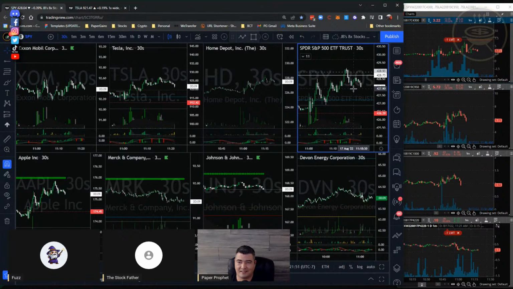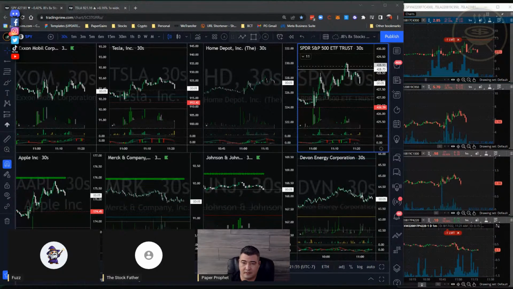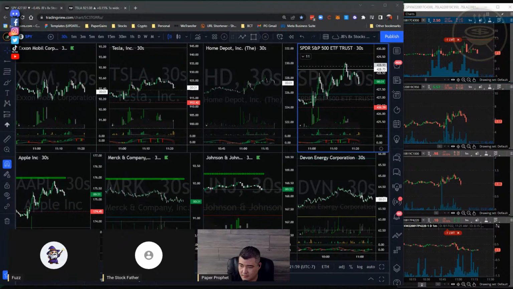Don't want squeezy to the downside. I don't think I've ever used a second chart. It runs my anxiety.